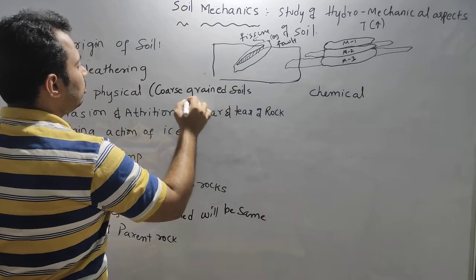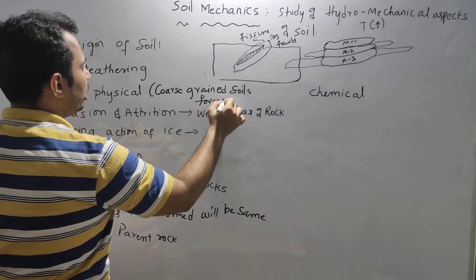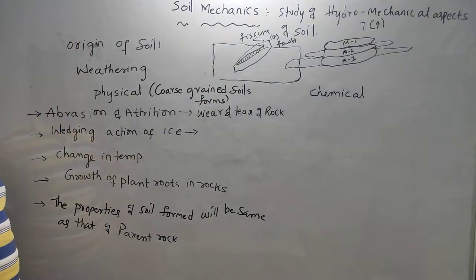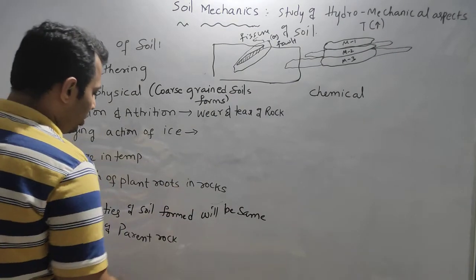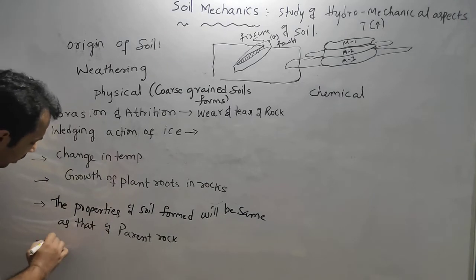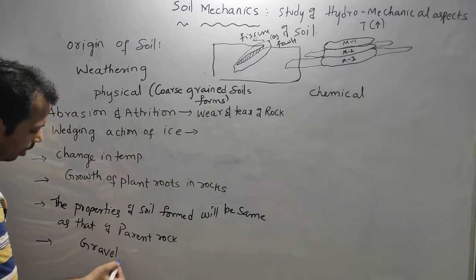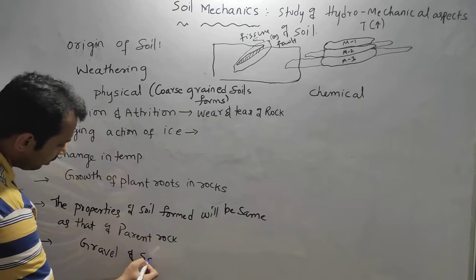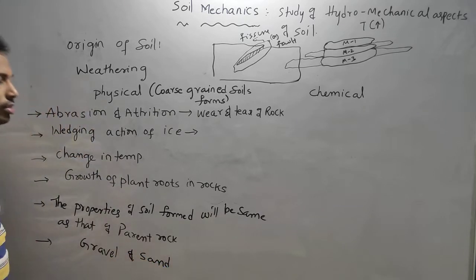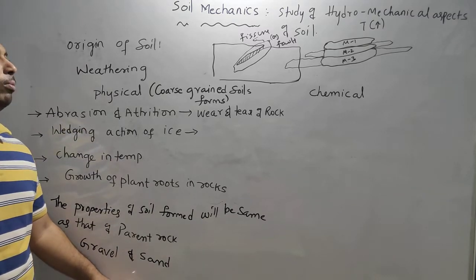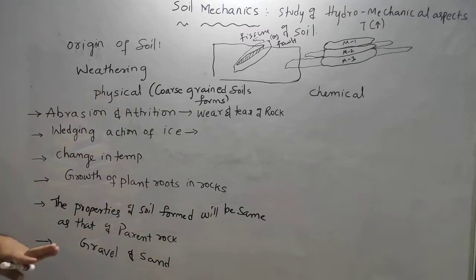Coarse grained soils such as gravel and sand form in physical weathering. These kinds of coarse grained soils will form in physical weathering.